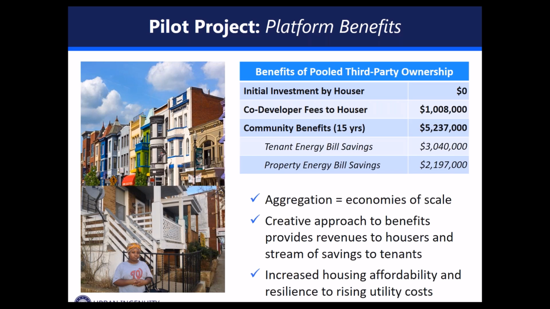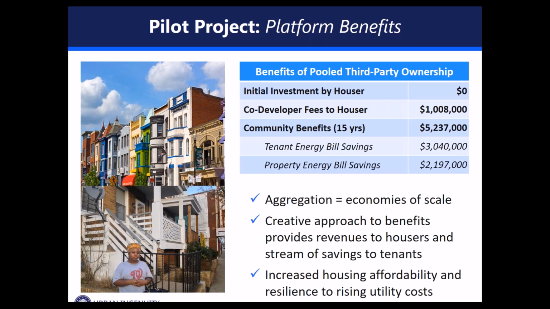So by harnessing aggregation to get the economies of scale, bringing together the creative financing approach, but not resting it on the shoulders of each project so that you have to start again at the ground, but rather trying to build a facility that can replicate that form of structuring so we can deploy these creatively sourced resources, we're actually driving more affordability at the tenant level, but also more affordability at the pooled institutional level.